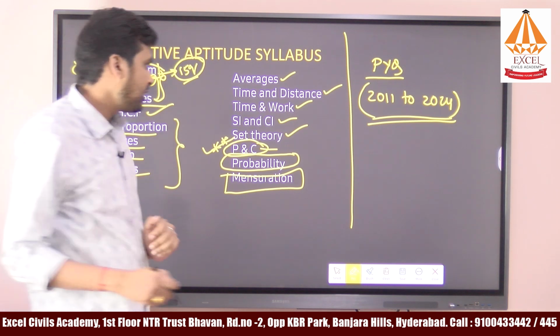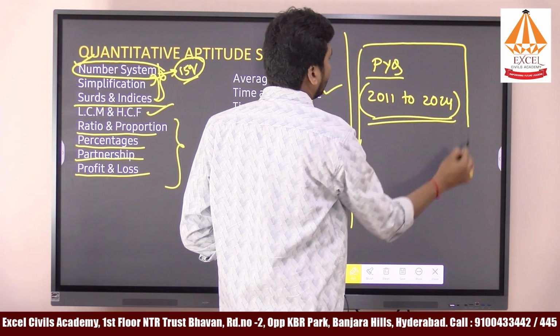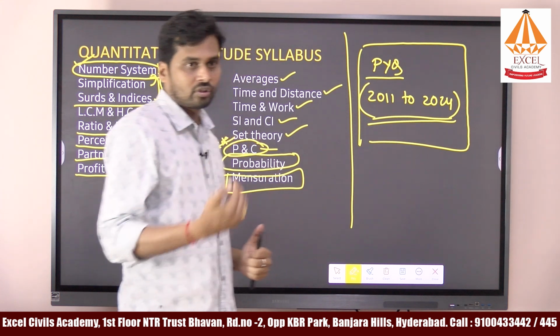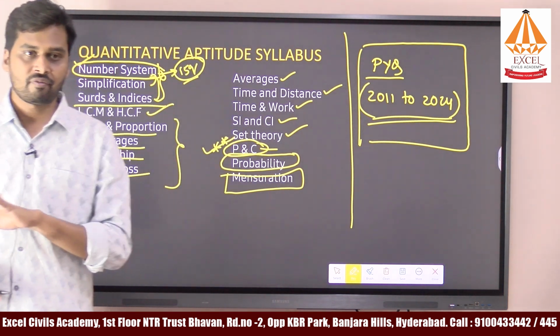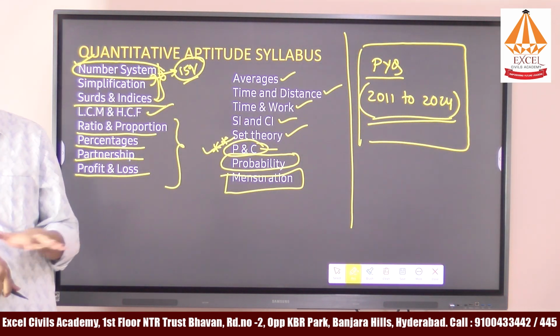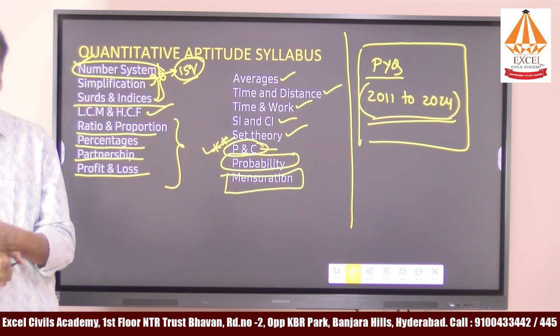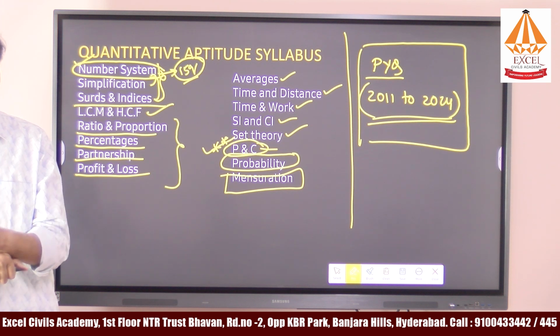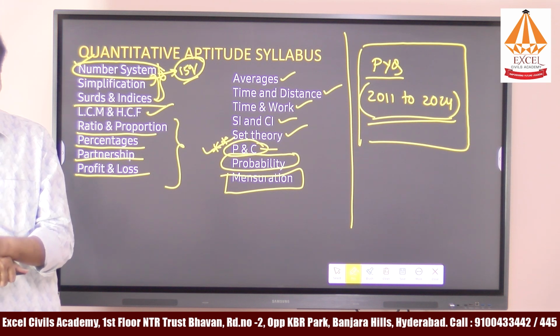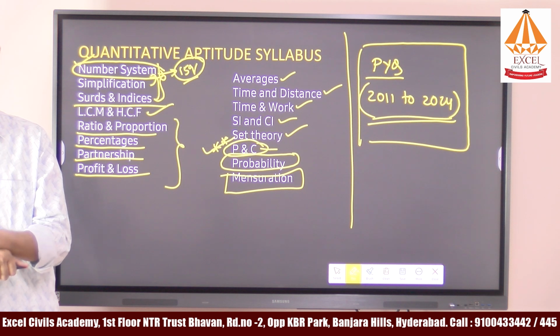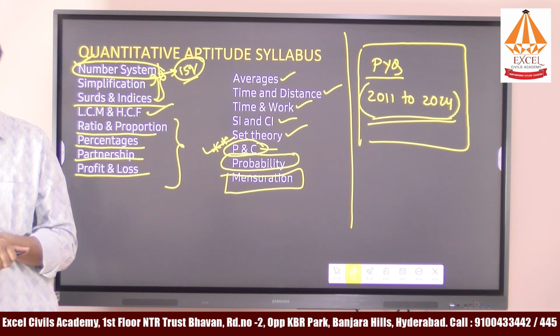So my recommendation is you can go through 2011 to 2024 after all the topics are done. Anyways, we are going to do minimum 80 to 85% of all previous year questions in classroom only.